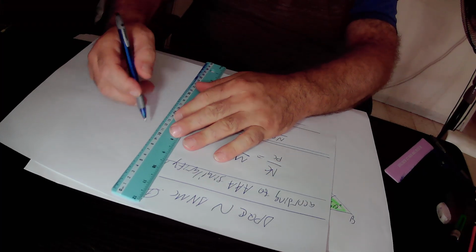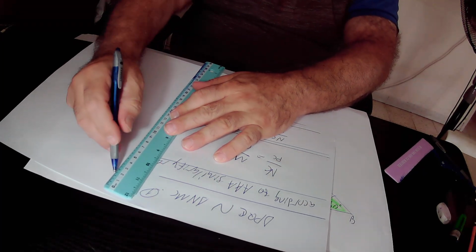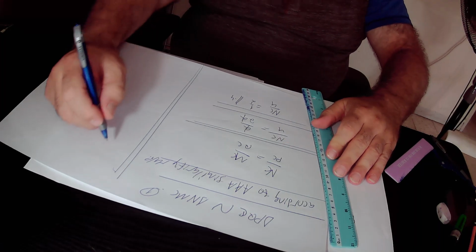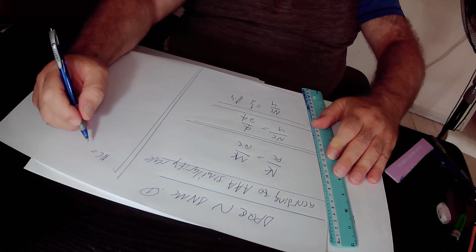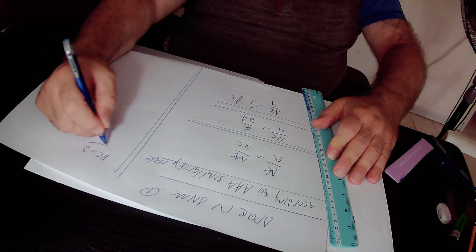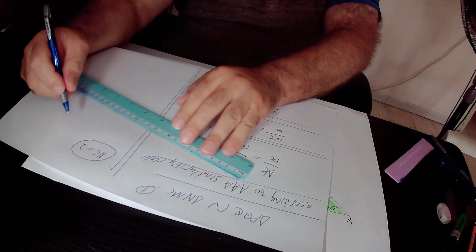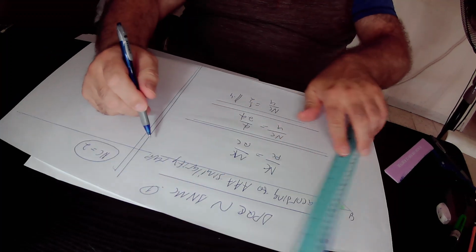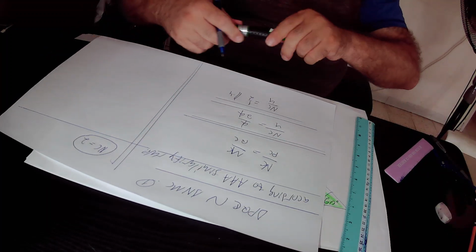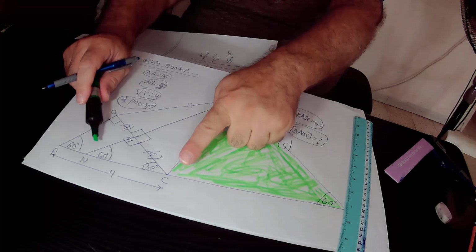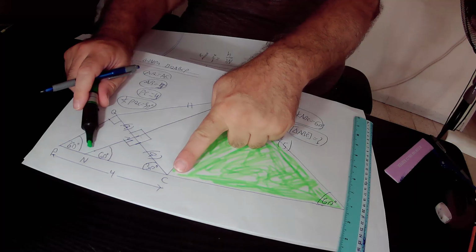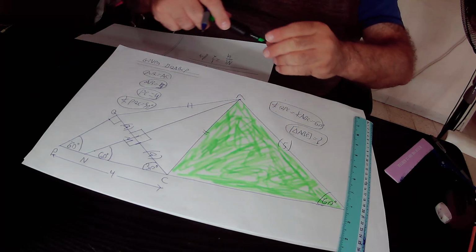And we get that the missing side NC is equal to 4 over 2, that is 2. So we found out that this is the missing side NC, that equals 2 units in its length.